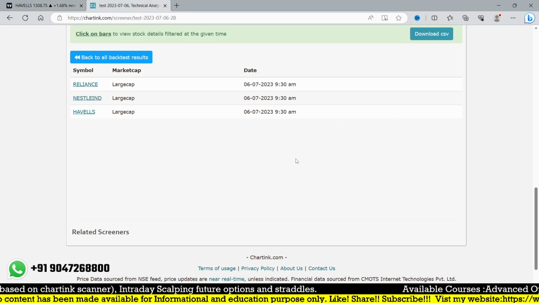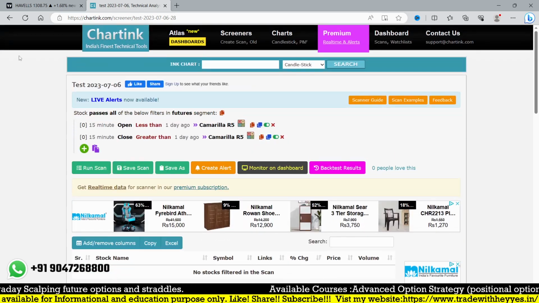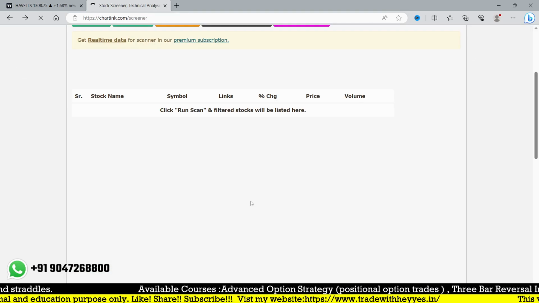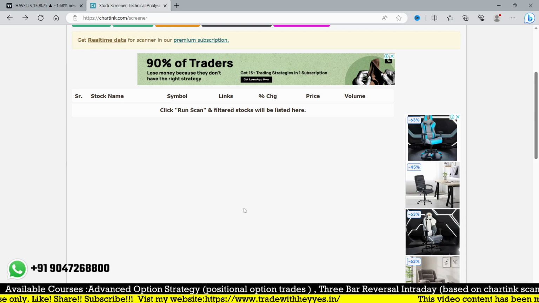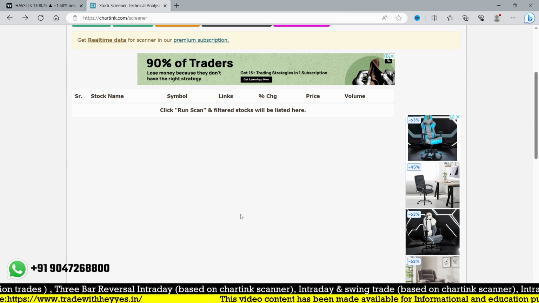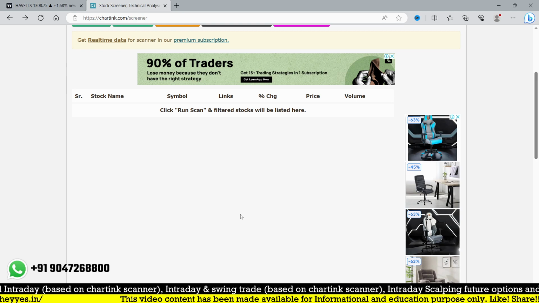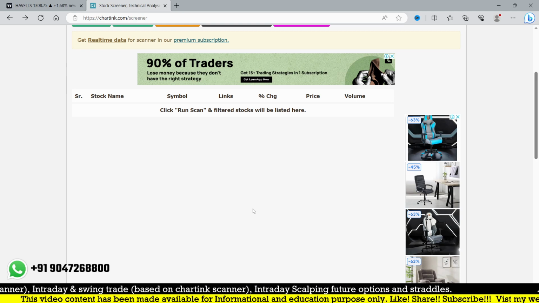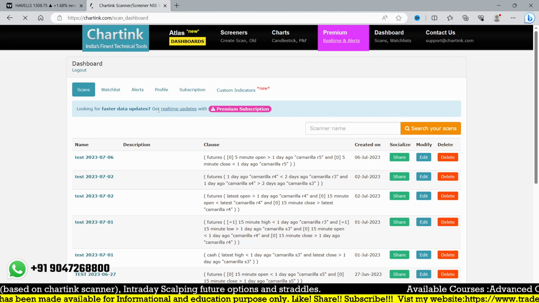Okay, so we already created this. How am I going to find the stocks which will give you better trade opportunities, and that should be greater than Camarilla R5? Okay, simply I can create it. Okay, dashboard.